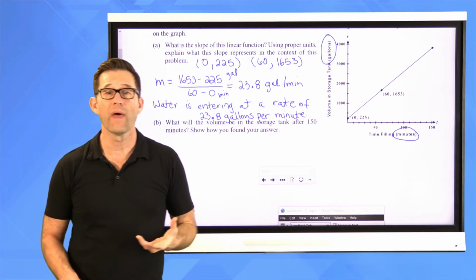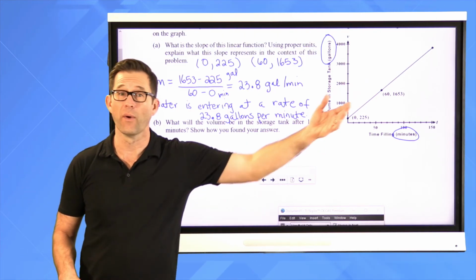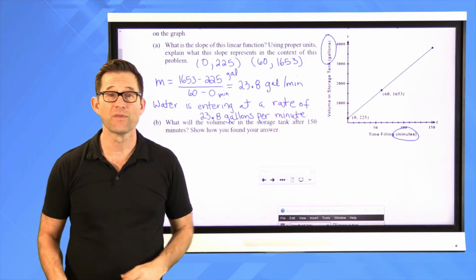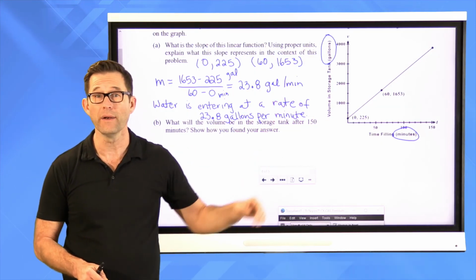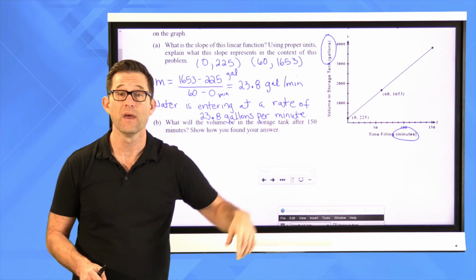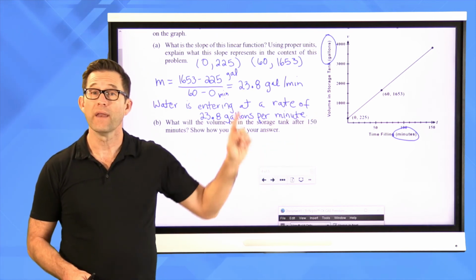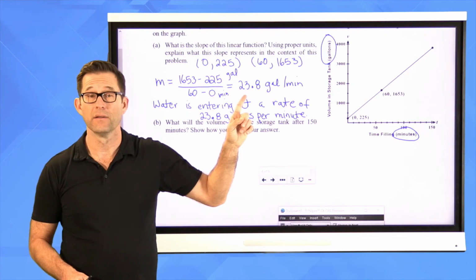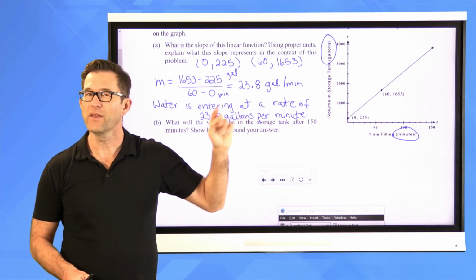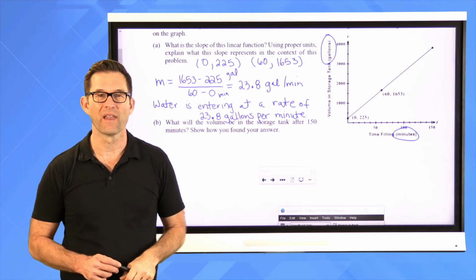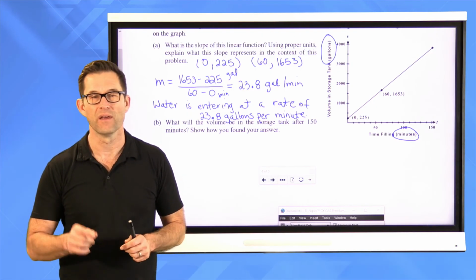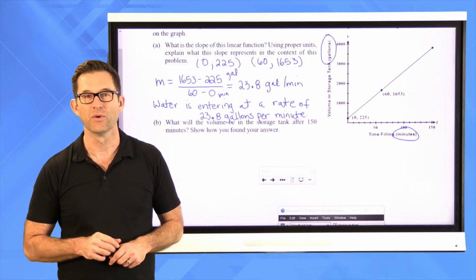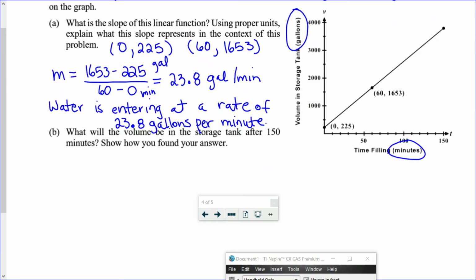Now, in order to do that, what you ideally want is the equation of this line, because if you've got an equation, then you can give it any input you want, for instance, 150 minutes, and you can get an output. Right now, we know what the slope of that line is. I think you should be able to figure out what the y-intercept of that line is, which means you can come up with an equation, which means you should be able to predict the output when the input's 150. Pause the video now and see if you can do that.